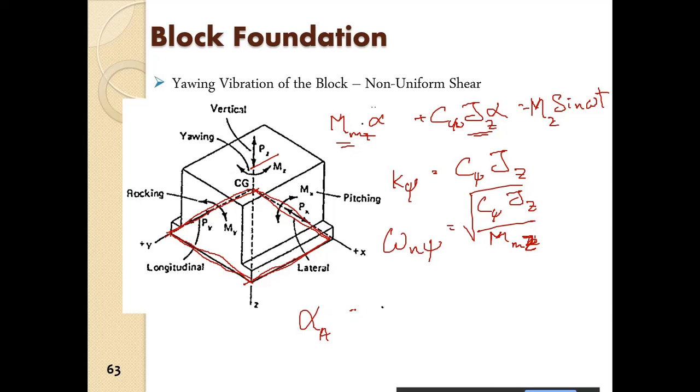Alpha amplitude will be equal to the maximum applied moment mz by the mass moment of inertia about the z-axis into omega n psi square minus the operating frequency omega square.